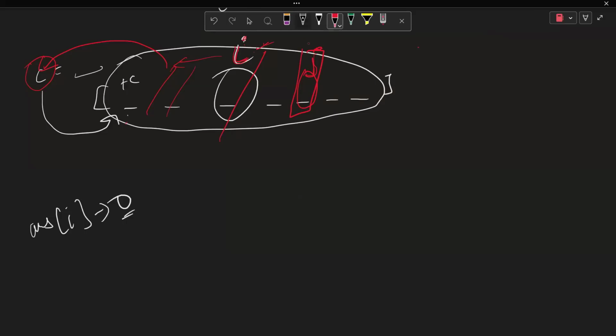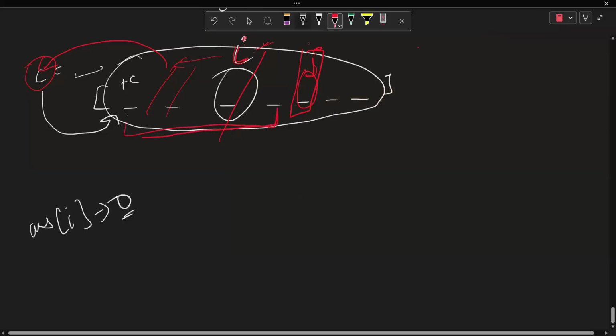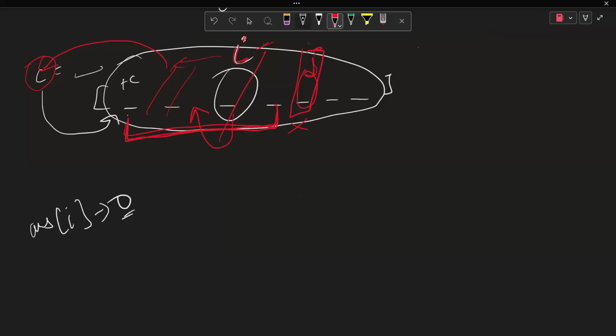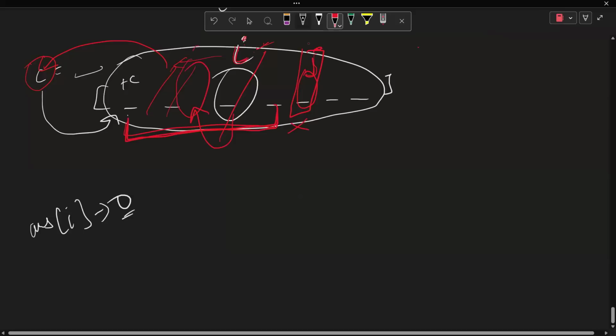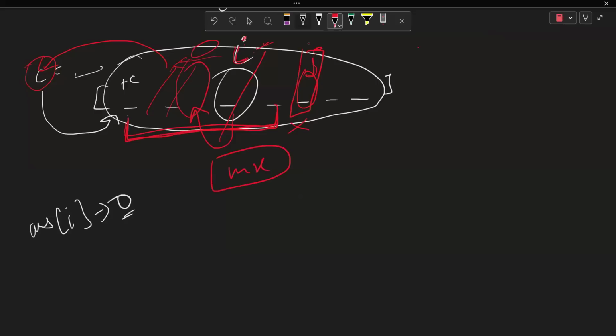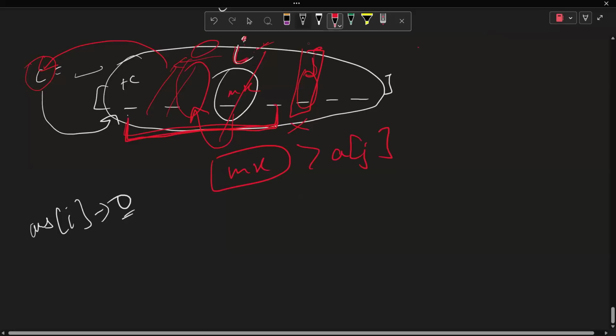So if there is some candidate up till here which is not removed, these AI votes would go to him. It would not go to J. And if let's say that candidate had 0 votes initially, still it would now have MX votes at least because the MX here went to that candidate. So this MX would definitely be greater than AJ as this J is not increasing. So still this Jth candidate cannot win.